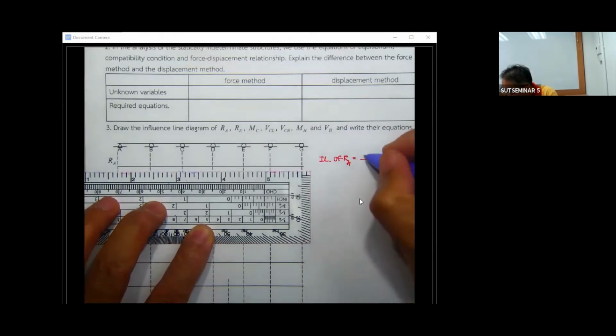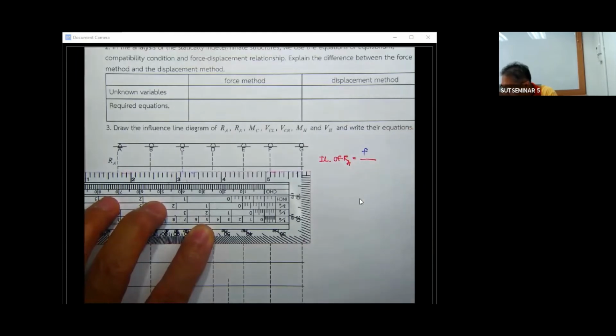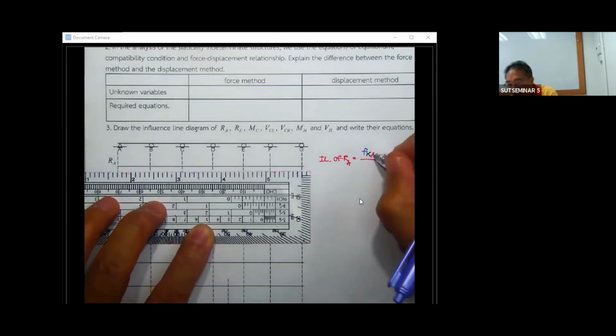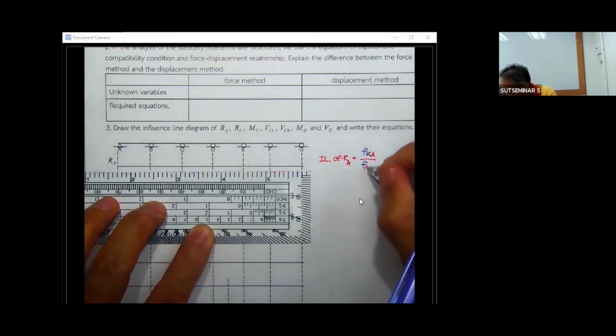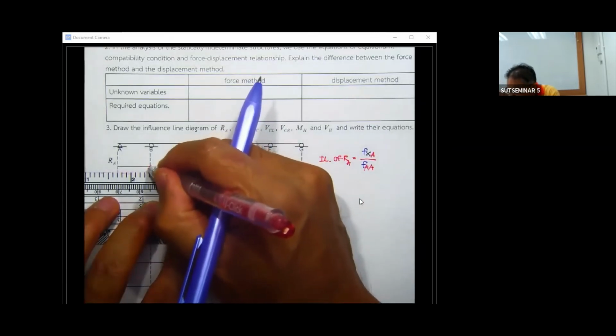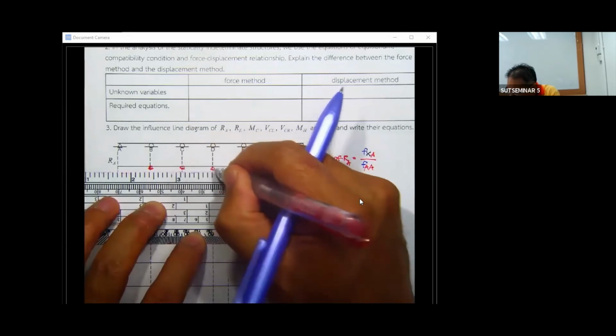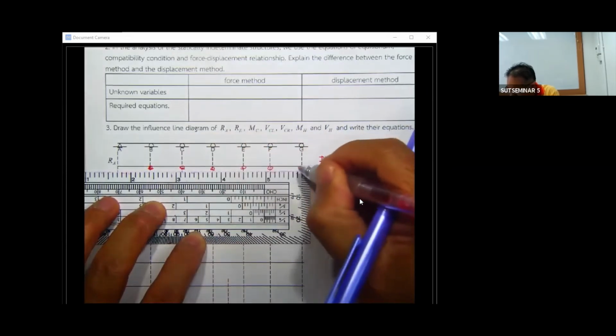Of the deflection at point X due to the force at A. That means we're going to draw the deflected curve, divided by the deflection at point A due to the force at A. By doing this, this one is pin, just change it into this kind of roller.